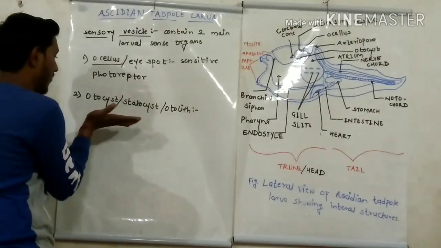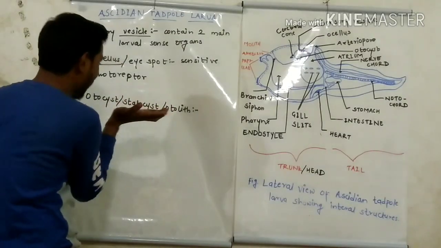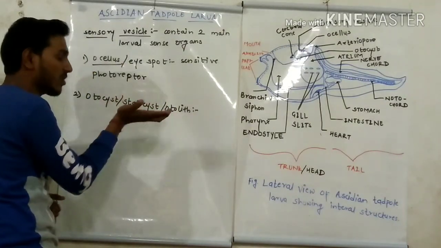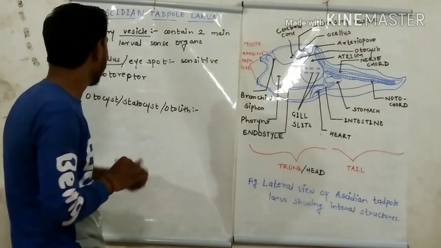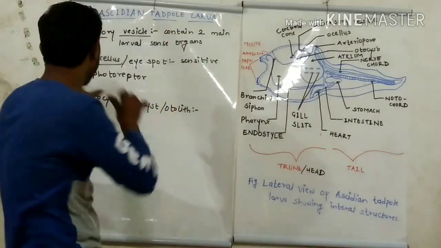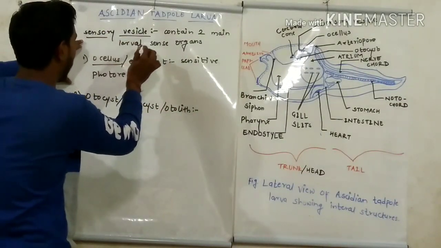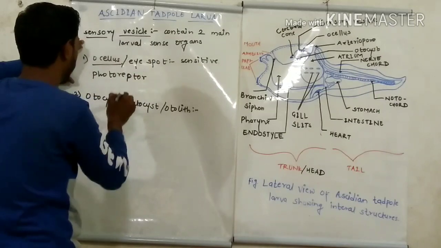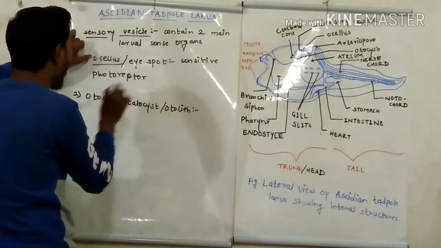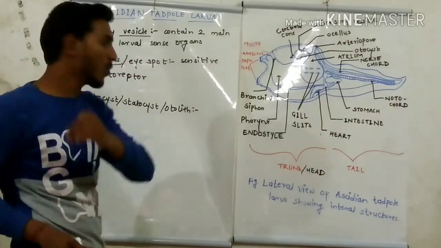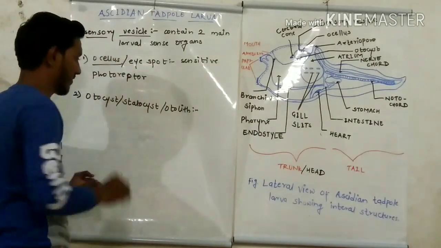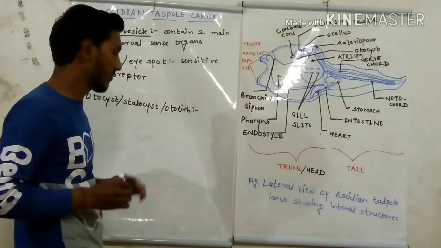Now, what is the function of this otocyst, statocyst or the otolith? These are three synonyms. Now, how to remember this? There are two main larval sense organs present in the sensory vesicle: ocellus and otocyst, just remember OO.